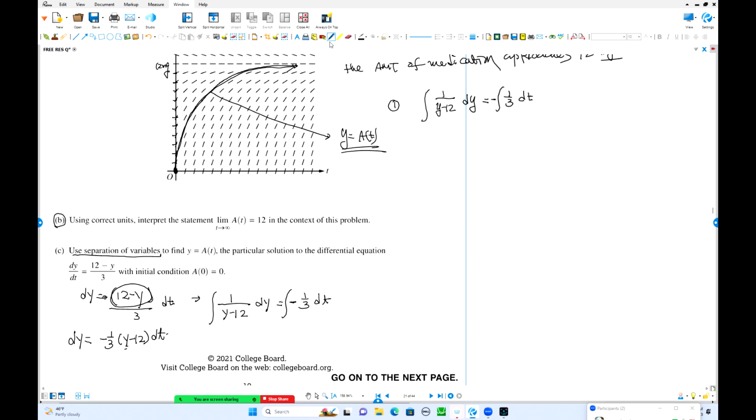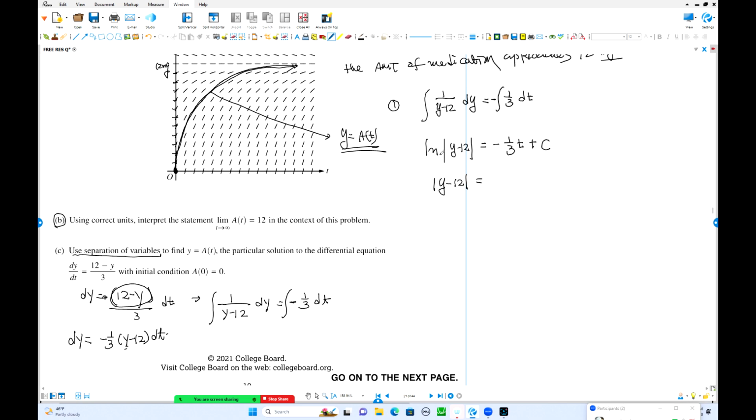Now the antiderivative: 1 over (y minus 12) gives ln|y minus 12|, and the right-hand side is negative 1/3 of t plus c, where c is a constant. Now let's find the absolute value of y minus 12.